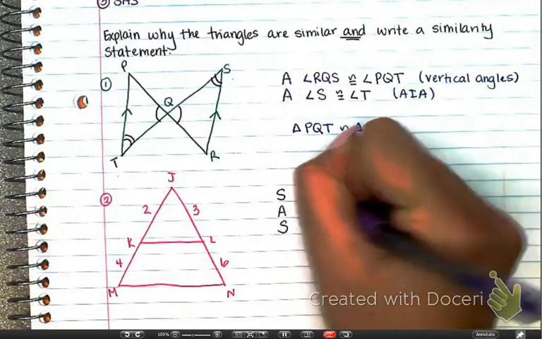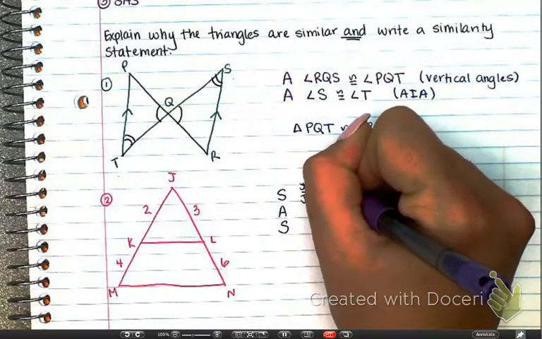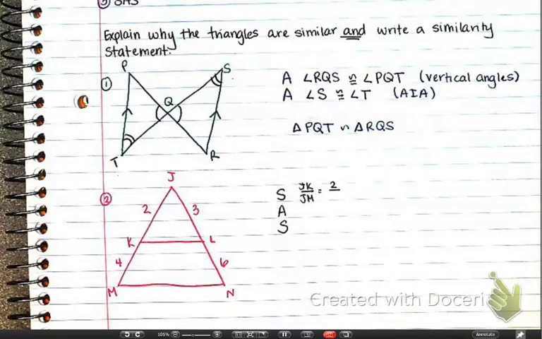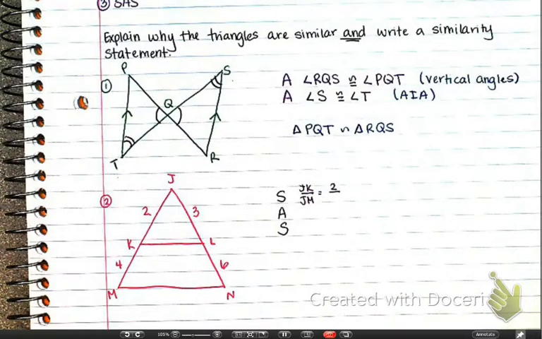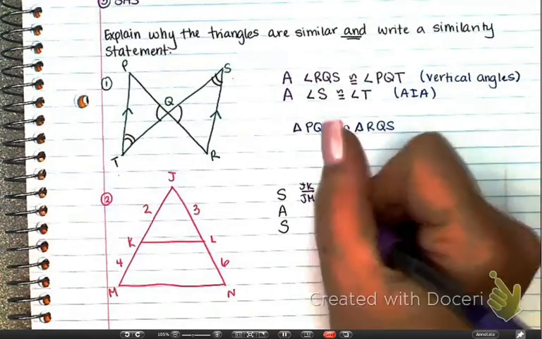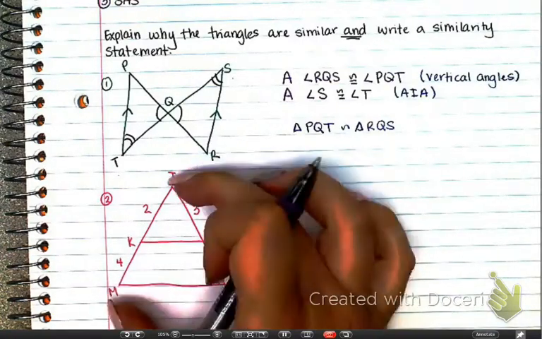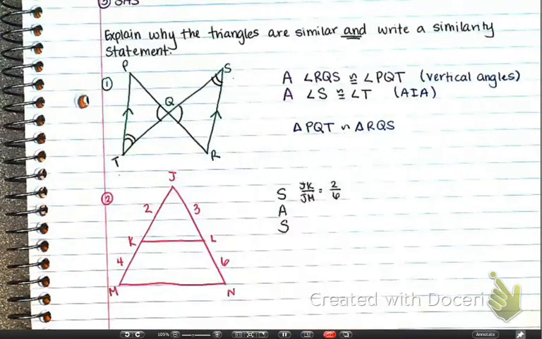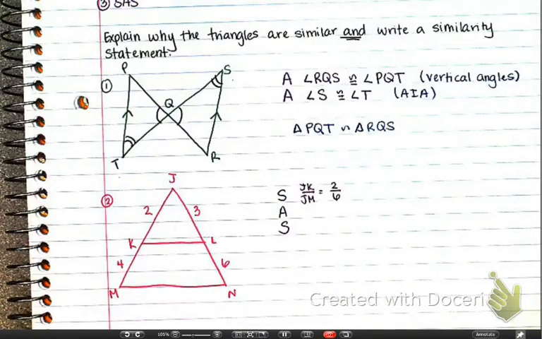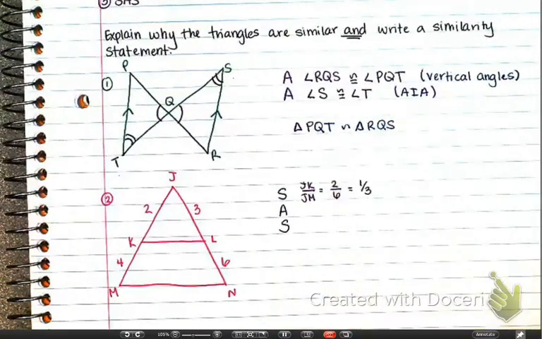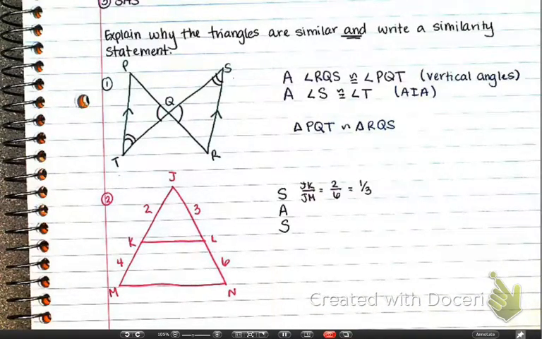Okay, so JK is 2. What's JM? What's the length of JM? 6. JM is this whole distance, so it's 6. And then my scale factor would be 1/3. Right?